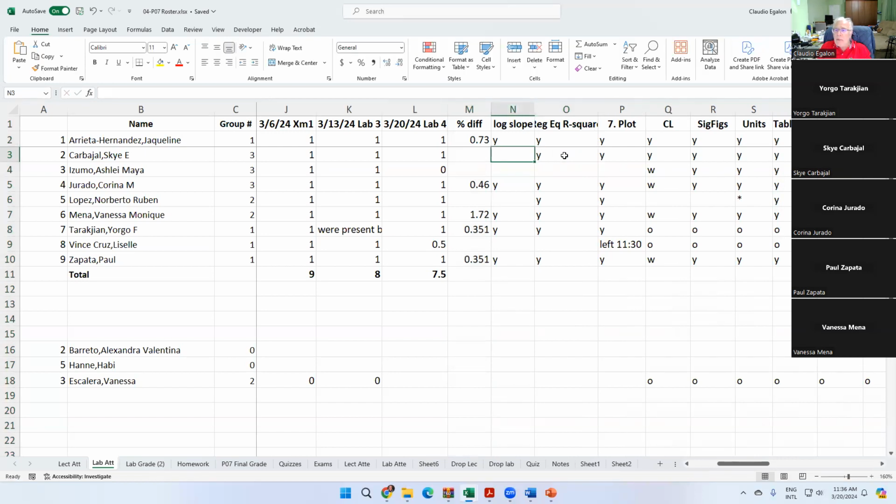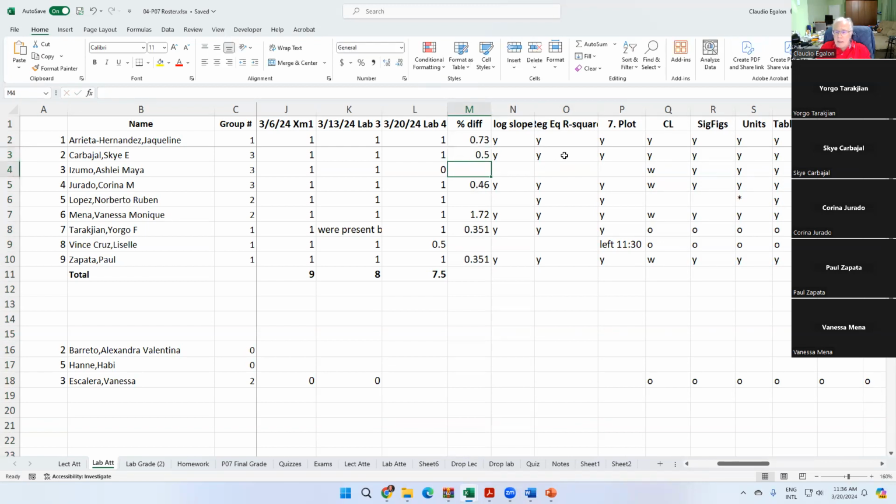Did you log the slope in the proper place? Yes. And the next one, what's the percentage difference you're getting? 0.5, okay, which is the same as Corina, right?